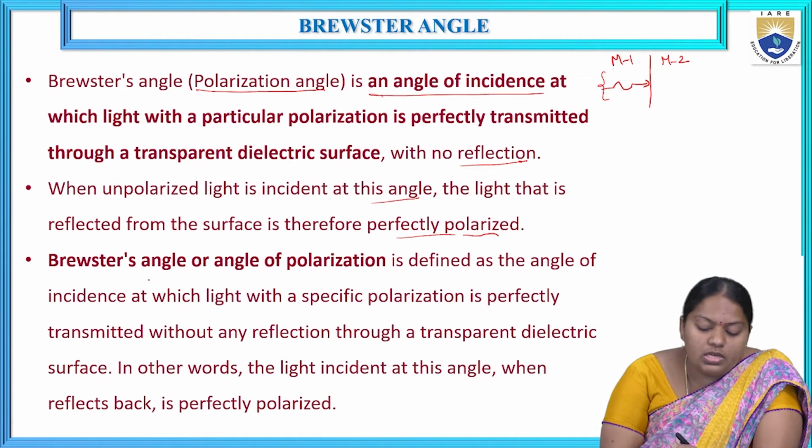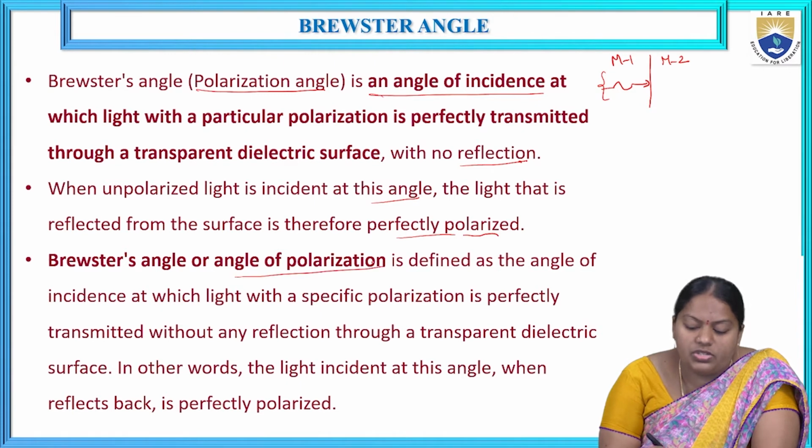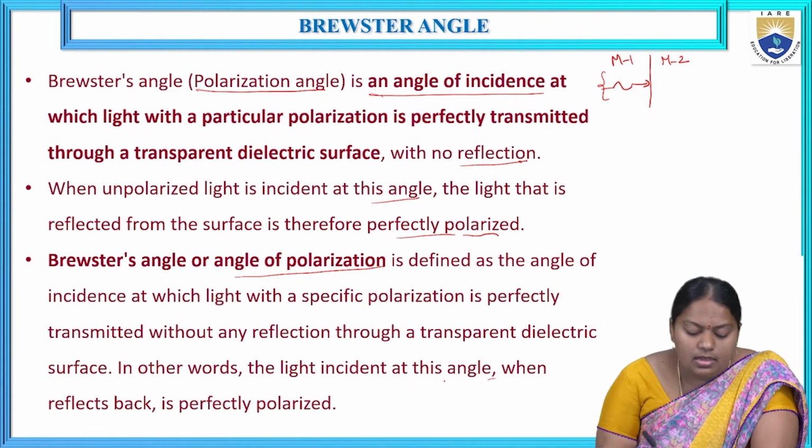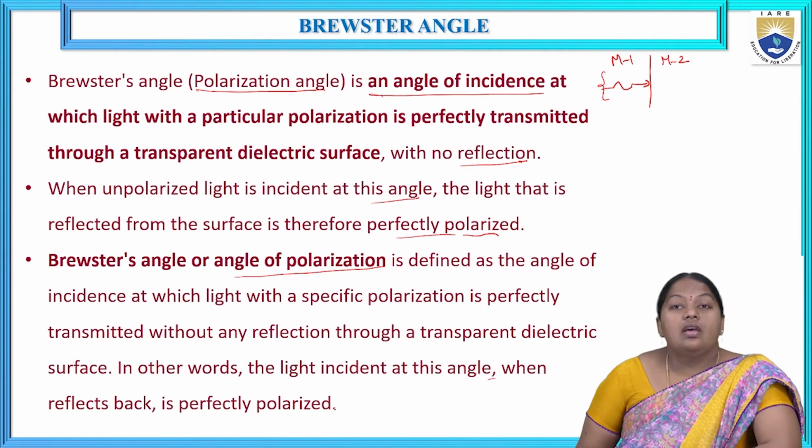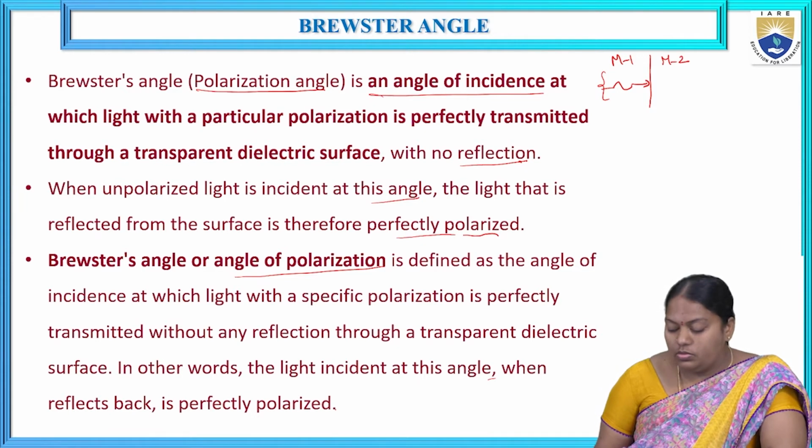Here, the Brewster angle, or angle of polarization, is defined as the angle of incidence at which light with a specific polarization is perfectly transmitted without any reflection through a transparent dielectric surface. In other words, light incident at this angle, when reflected back, is perfectly polarized. This is called the polarization angle, also known as Brewster's angle.